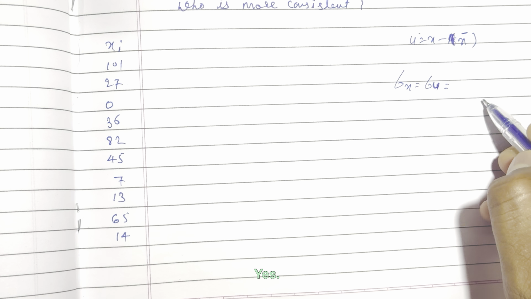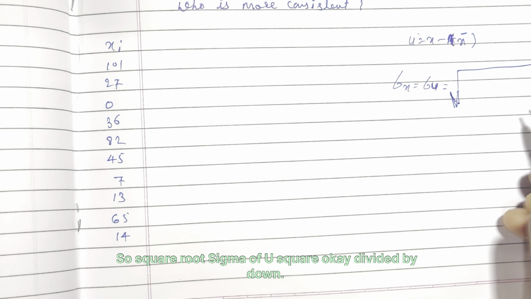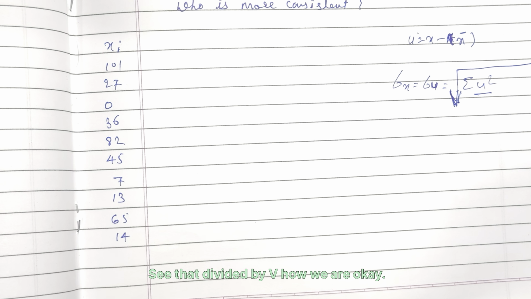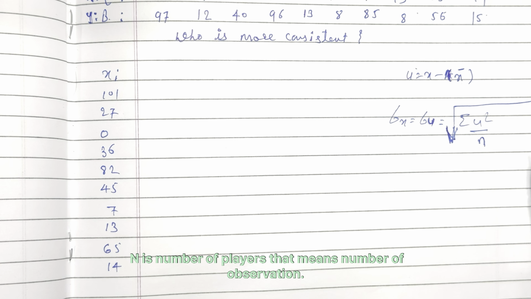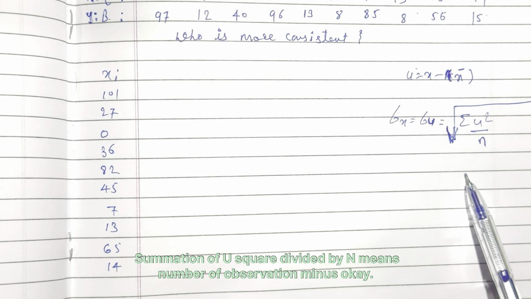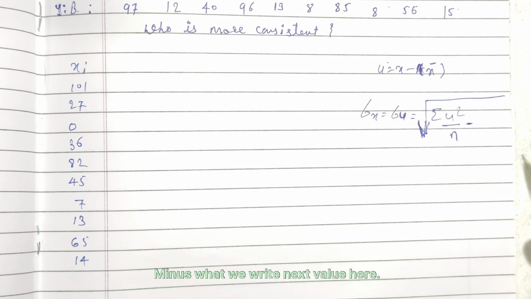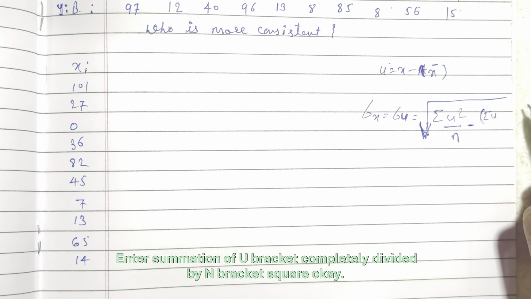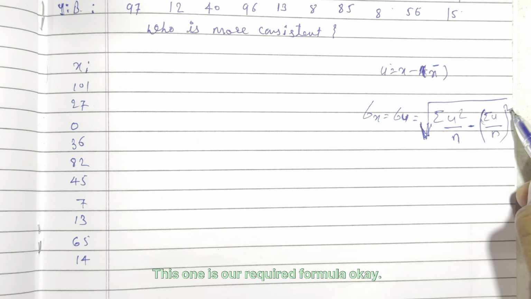We write it under square root, I already explained these formulas guys. Under the square root, summation of u square divided by n, where n means the number of players, that means the number of observations, minus the entire summation of u, in brackets, divided by n, bracket squared. This is our required formula.